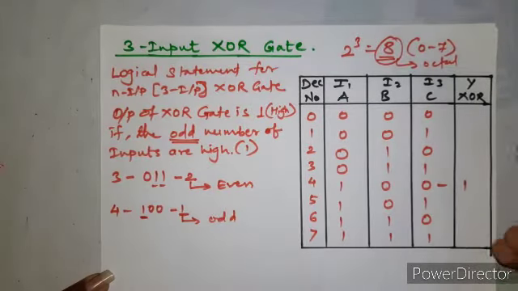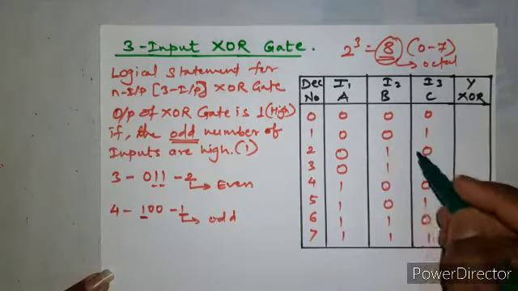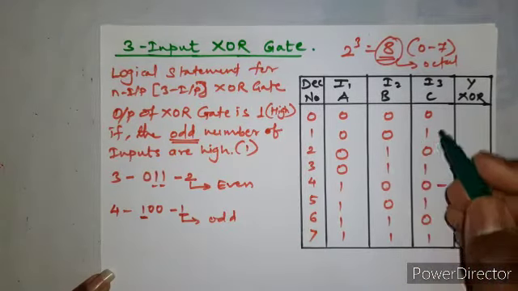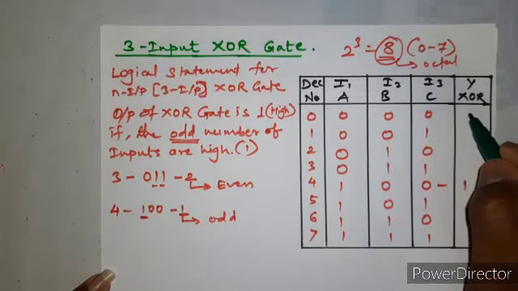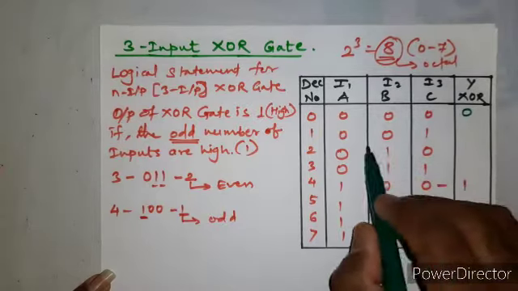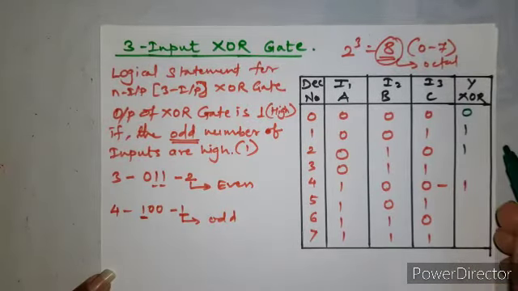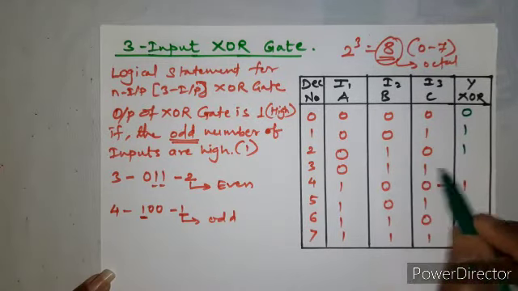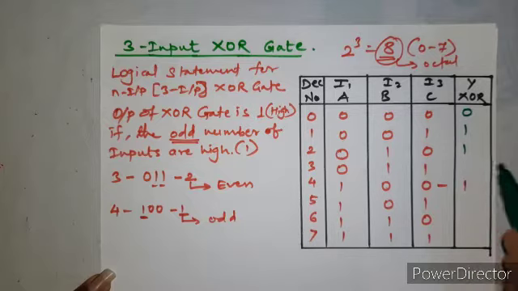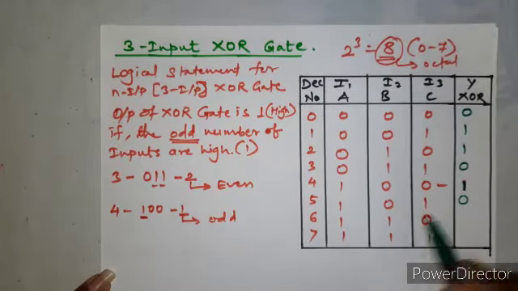So this way we are supposed to check whether the number of high inputs is even or odd, right? Here it is 0, here it is 1, and for 1 1 we have 2 inputs high, 2 is even, so this is 0, this is 1, this is 0, this is 0, and this is 1.